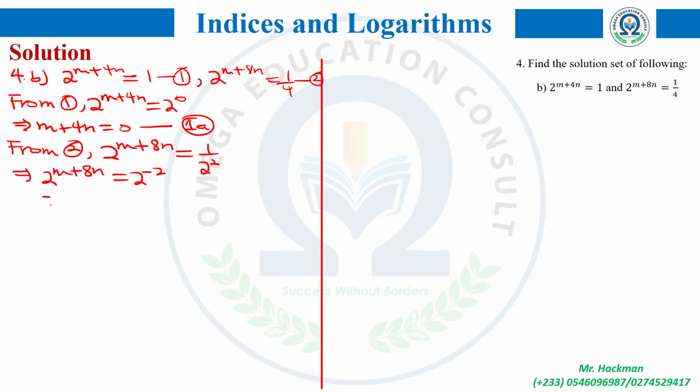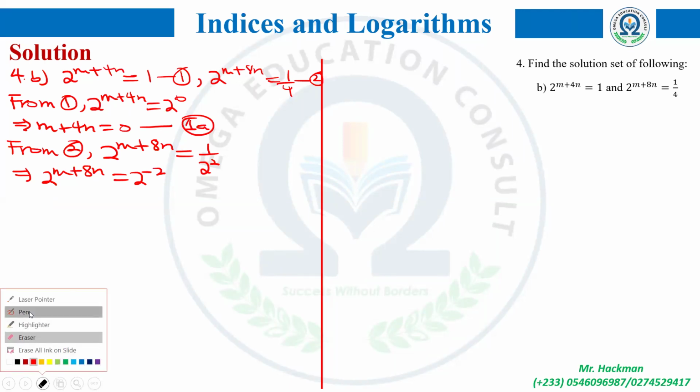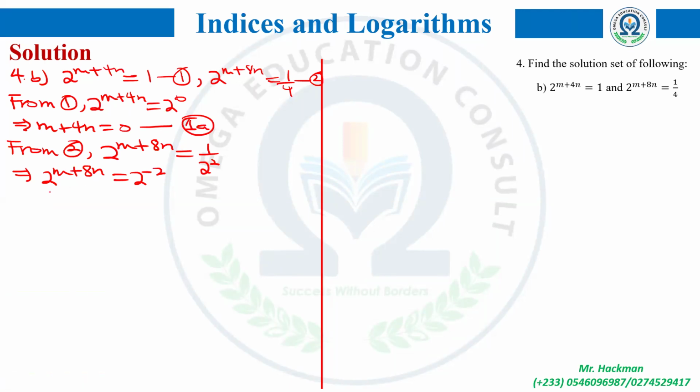Forgive me, let me clear that. So at this point, we have m plus 8n is equal to minus 2.